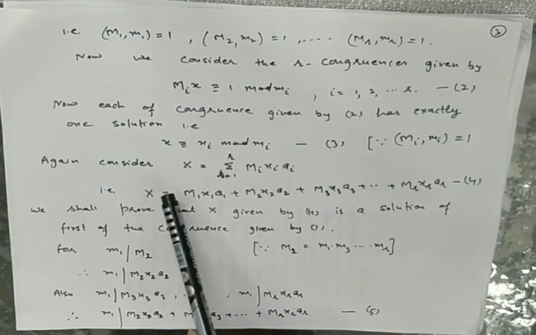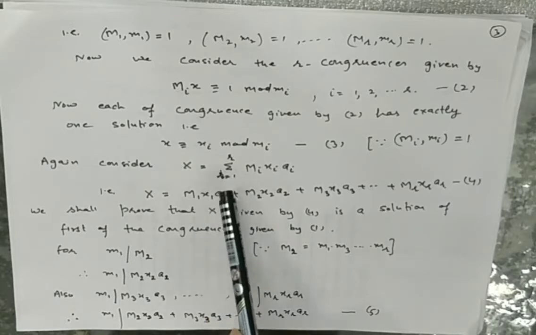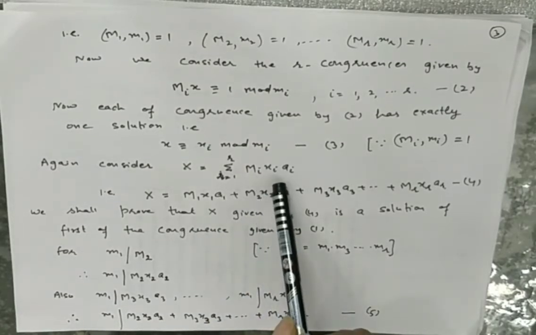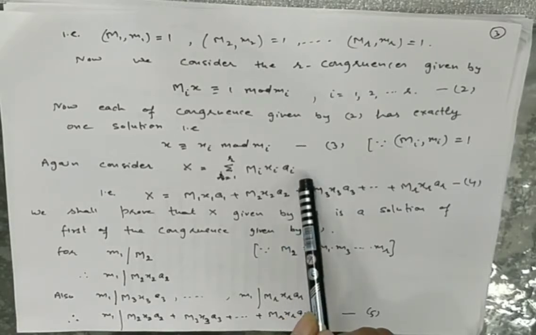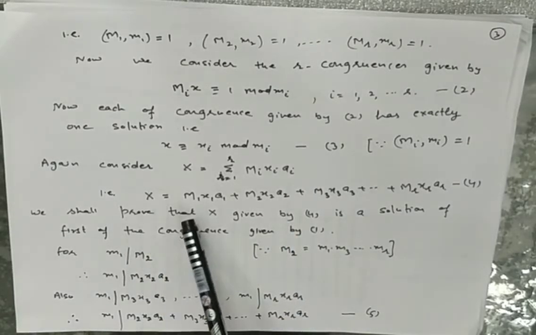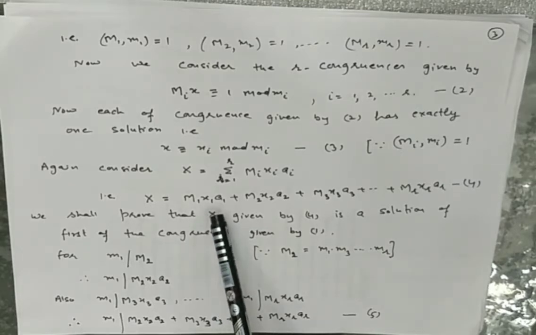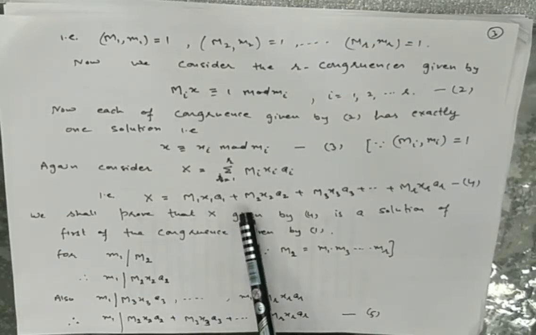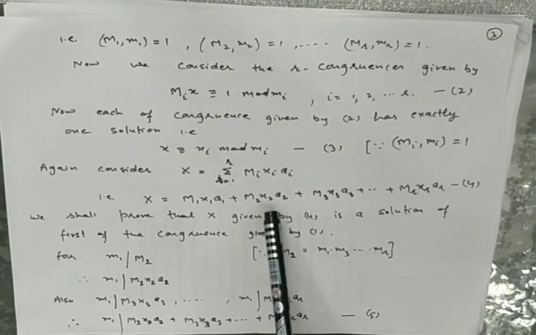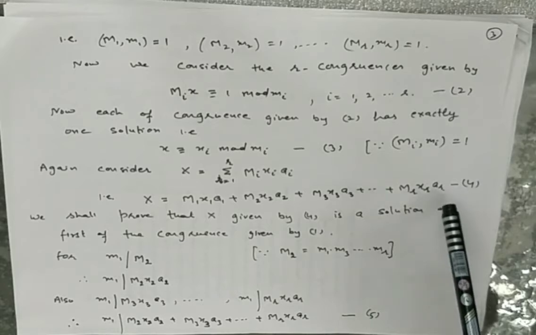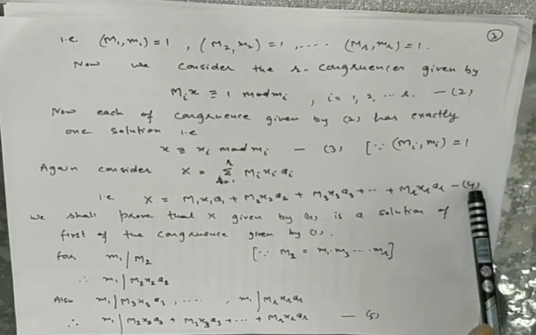Again consider X equal to the sum, i varying from 1 to r, of capital Mi into xi into ai. That is, capital X is equal to M1 x1 a1 plus M2 x2 a2 plus, and so on, Mr xr ar. Let it be number 4.